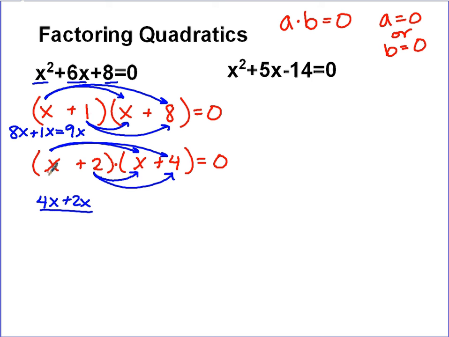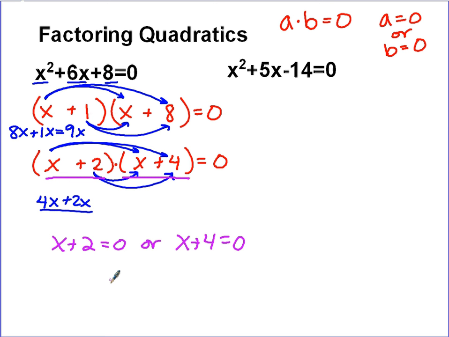So if we think of these things down here as kind of like a and b, I'm multiplying these two things together to get 0. Either one of those has to be 0. Either x plus 2 has to equal 0, or x plus 4 has to equal 0.